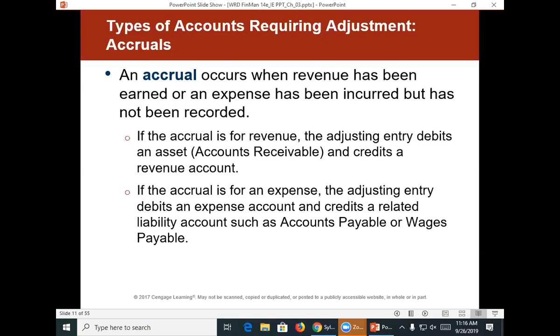So if a customer owes us for a service and we've earned the revenue, what would I debit and credit to show that a customer owes us for services performed? It'd be debited accounts receivable, right? Yeah, very good. What's credited? Just your revenue account. So you're going to debit accounts receivable showing that they owe us money, right?